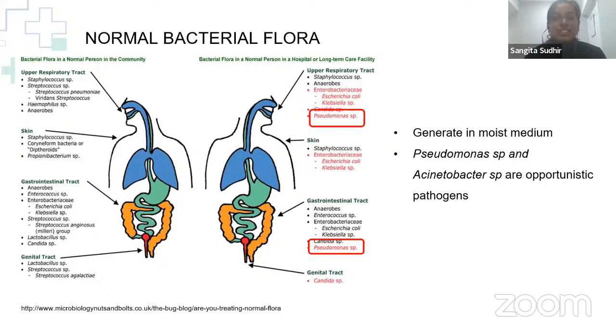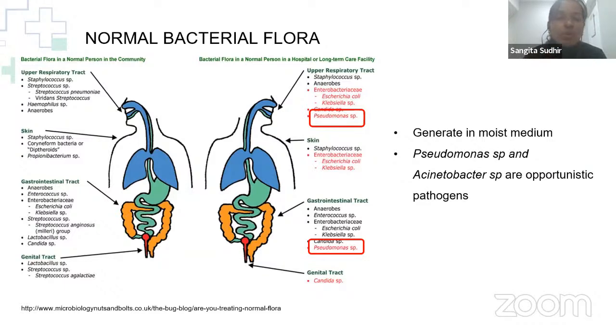Okay, so let's discuss these organisms a little bit more. Both of them, this we have already discussed previously, are not normal bacterial flora. As you can see, both of these, Acinetobacter and Pseudomonas, are actually opportunistic pathogens.